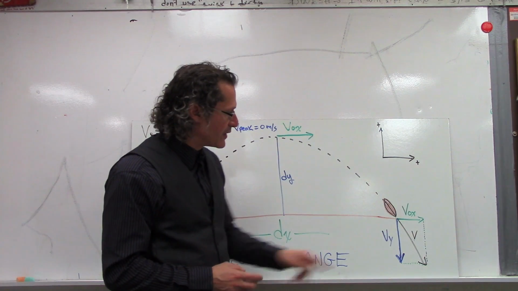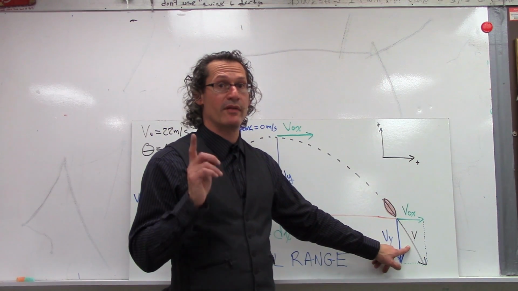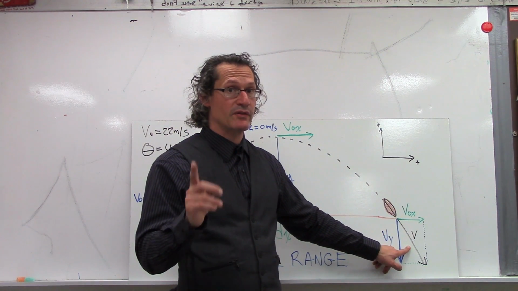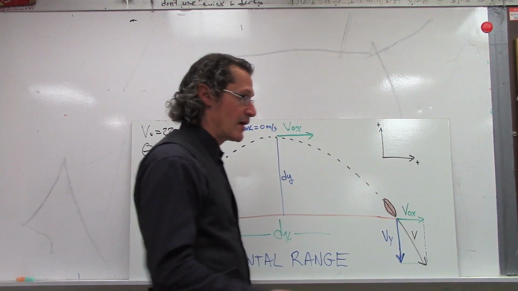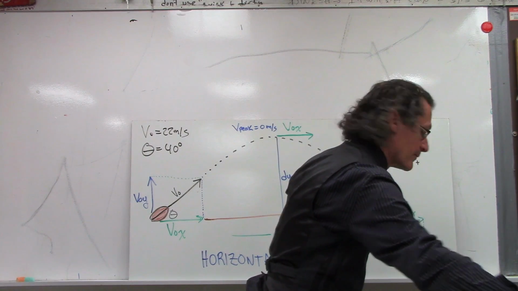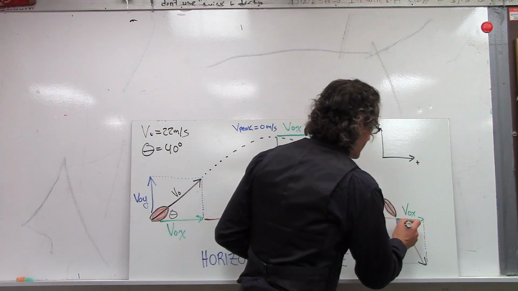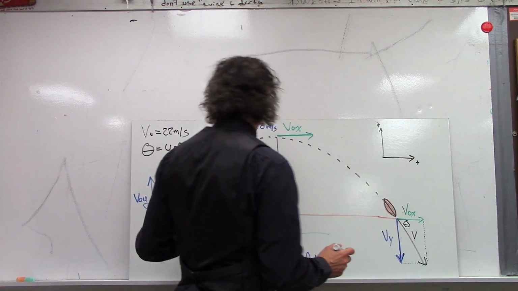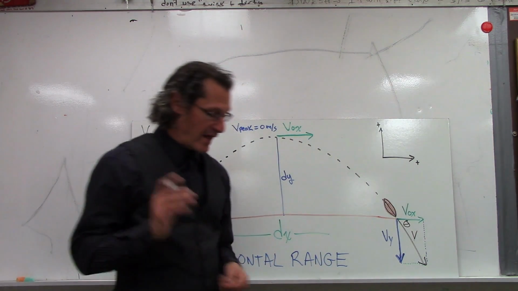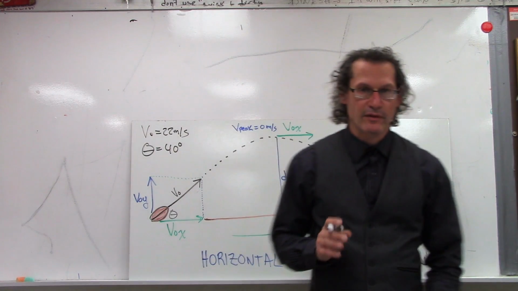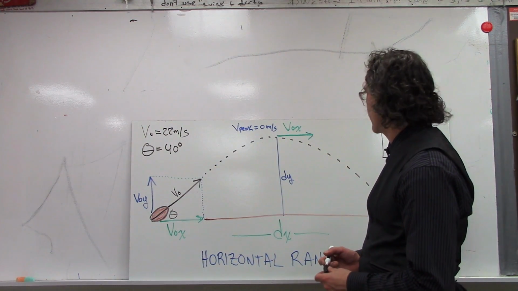Because of the symmetry, this v will have the same value, the same magnitude, and the same angle over here as up there, at the beginning. So this angle here will be the same as over here. Of course, not drawn to scale because I'm not that great at drawing, but easy enough to picture. All right, so that's your situation.